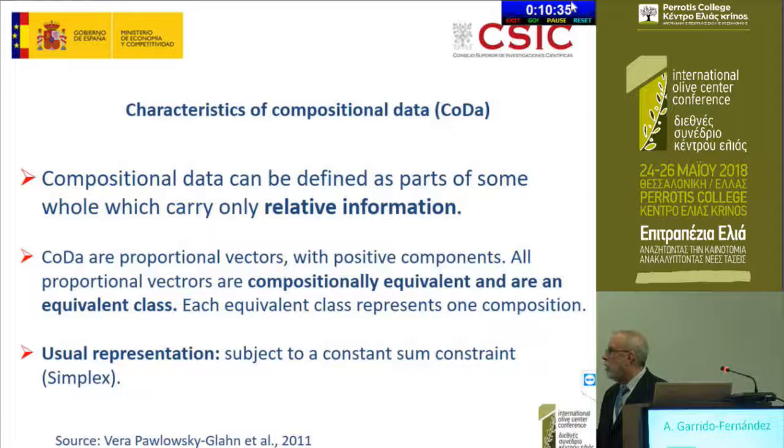All proportional vectors are compositionally equivalent. That is logical. It doesn't matter if we express the composition per 1 gram or per 100 grams. Each equivalent class represents only one composition.